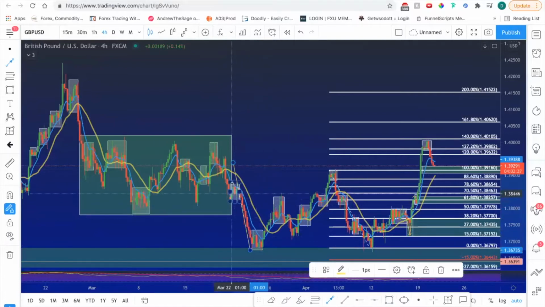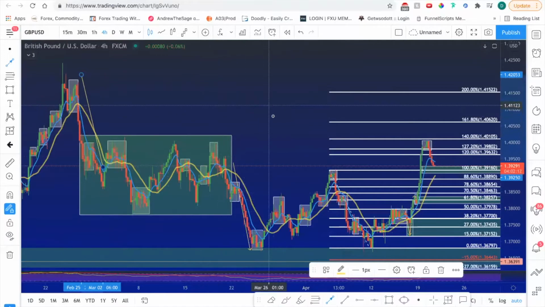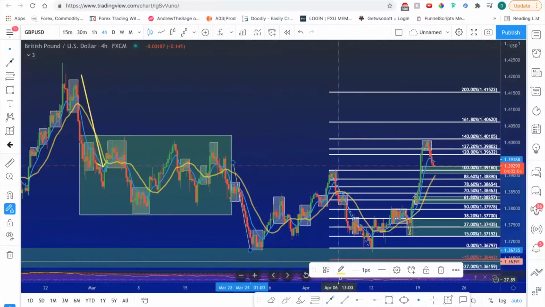No. All the red candles came down, it tapped, and then tapped again, and it kept going up. When you read Naked Forex Trading, you'll know anytime that second tap doesn't go lower than the first tap, the market wants to go higher. If it closes and respects it or closes higher than it, the market wants to go higher. That would have told you the market is respecting this level as support.